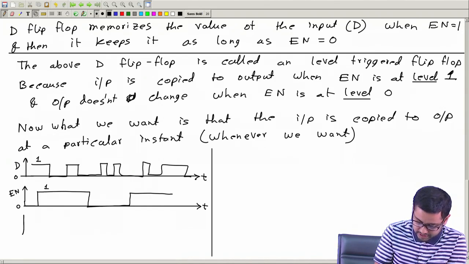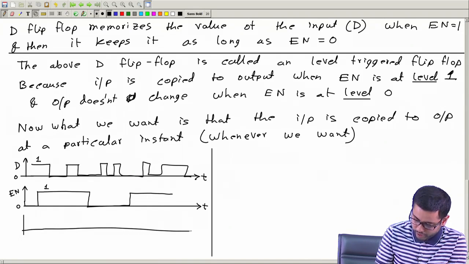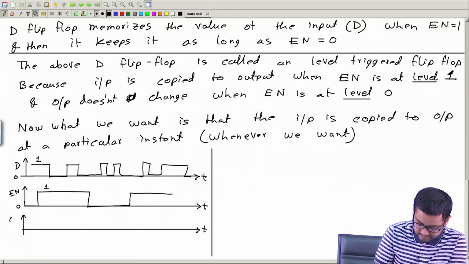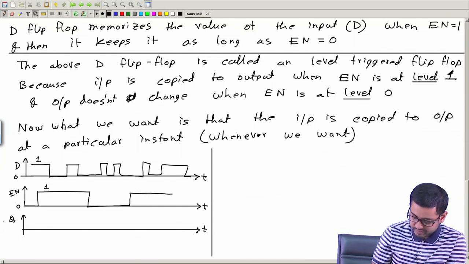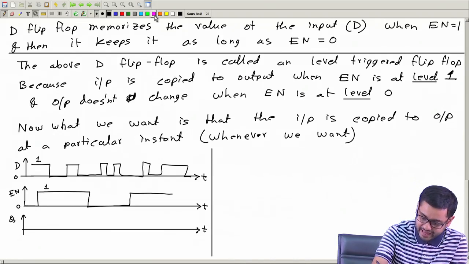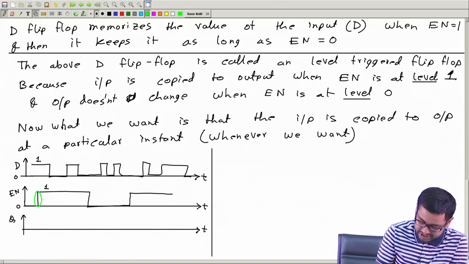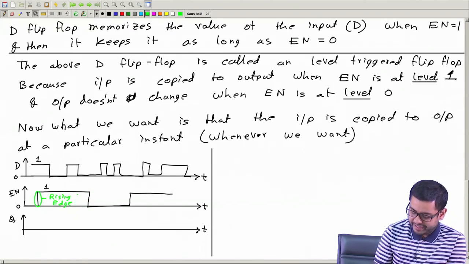Now, what we want is the Q, which is the output, to change only at the instant when enable goes from 0 to 1. So, this is a rising edge, this is a falling edge.